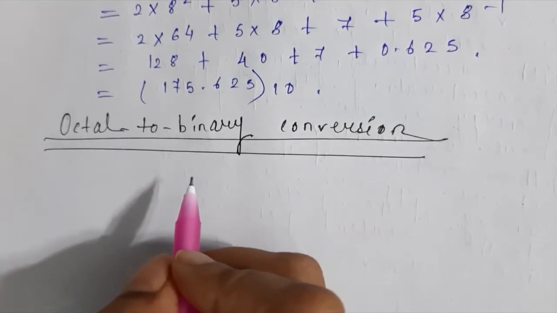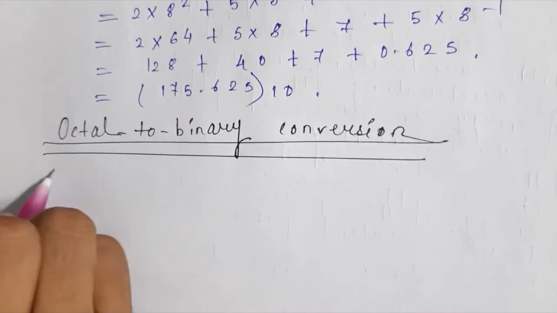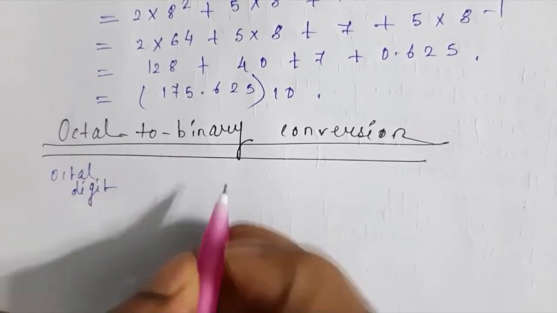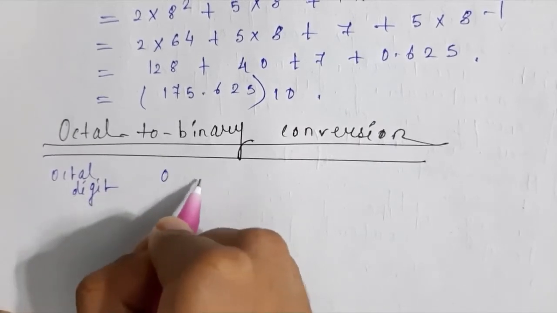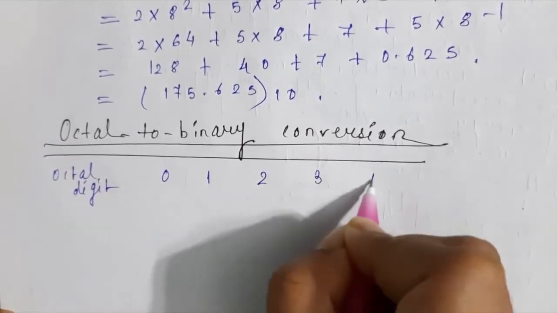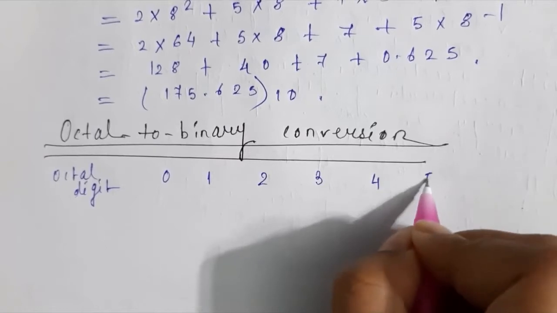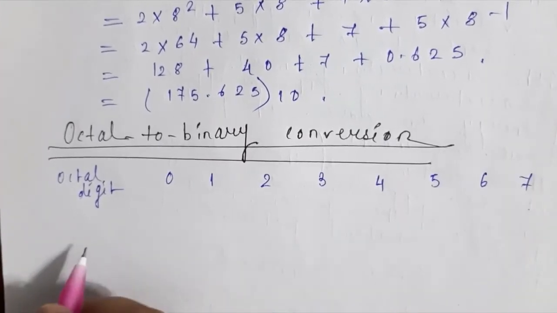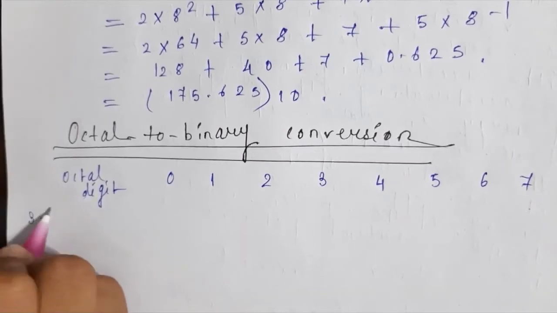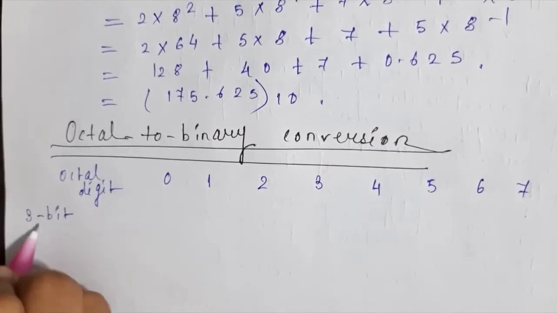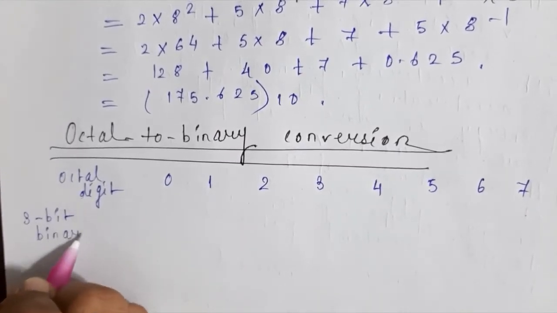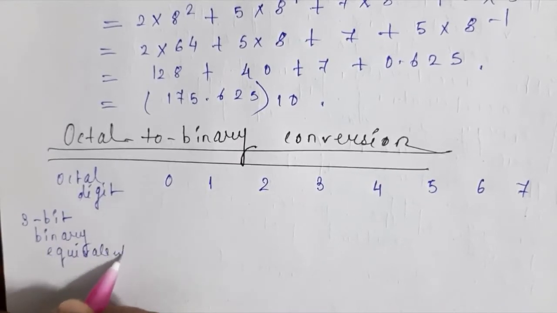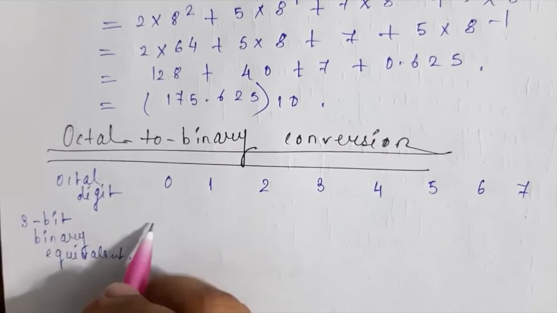So we have octal digits 0, 1, 2, 3, 4, 5, 6, 7. Now I said 3-bit binary equivalent, so it will be 3-bit.